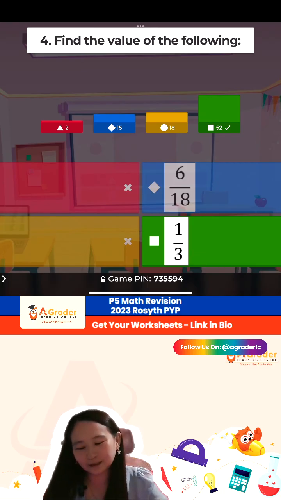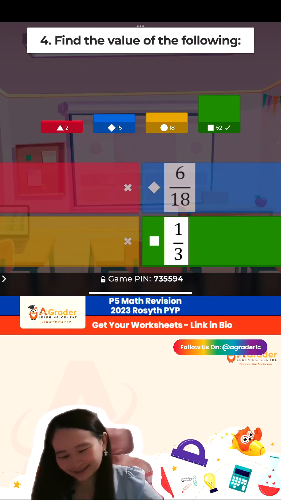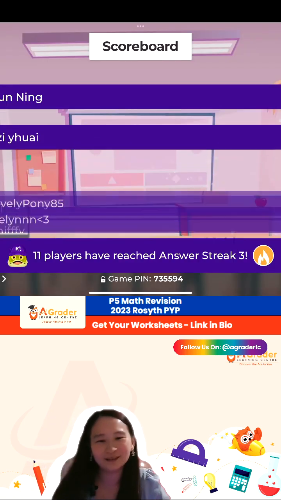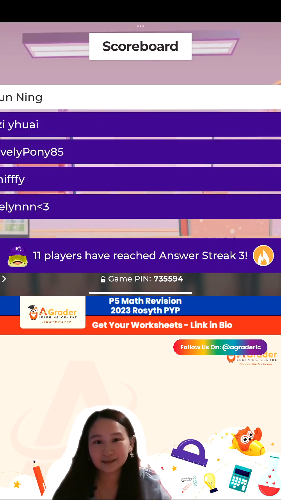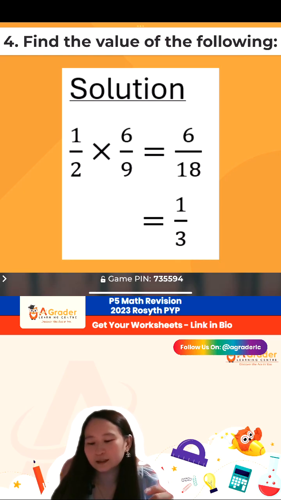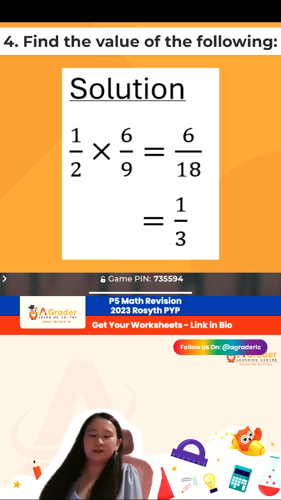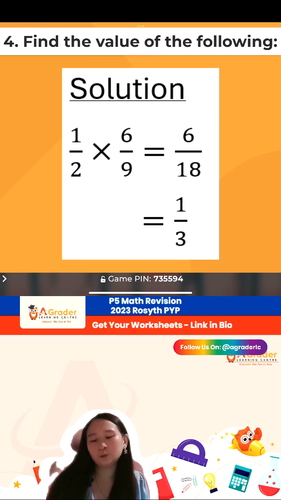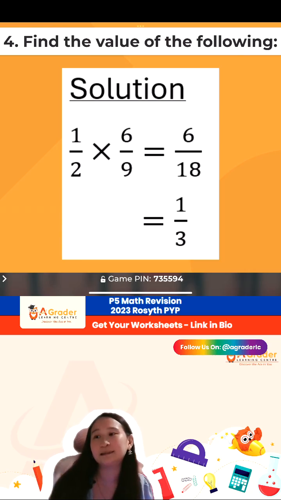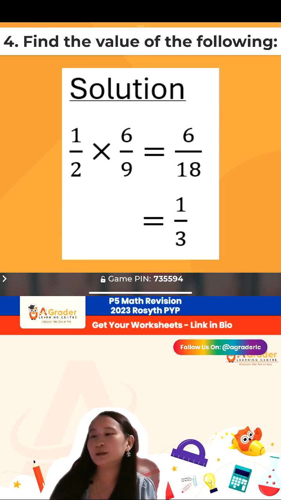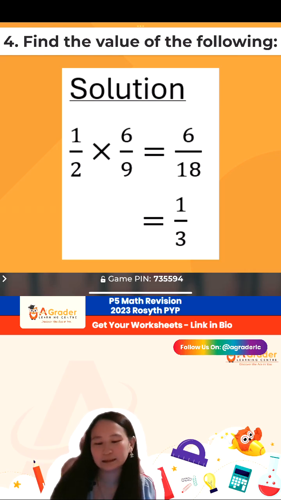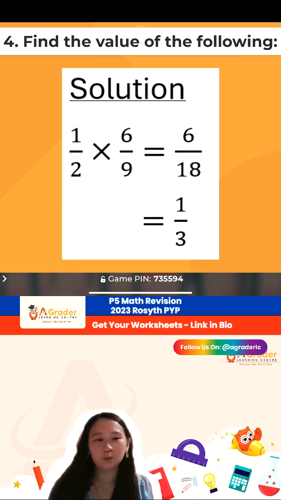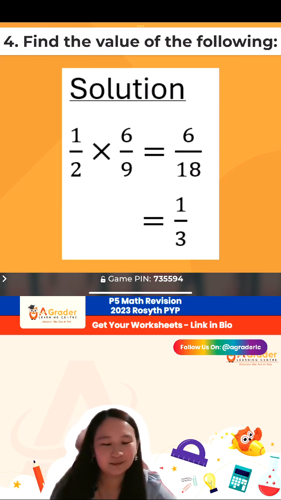Those who got 6 over 18, right, means you never simplify at all. Okay, so for half times 6 over 9, we get numerator times numerator, so 1 times 6, we get 6 at the numerator. Then 2 times 9 at the denominator is 18. So 6 over 18 to simplify, we divide by 6 to both the numerator and the denominator. That's how we get 1/3. A lot of people make careless mistakes.